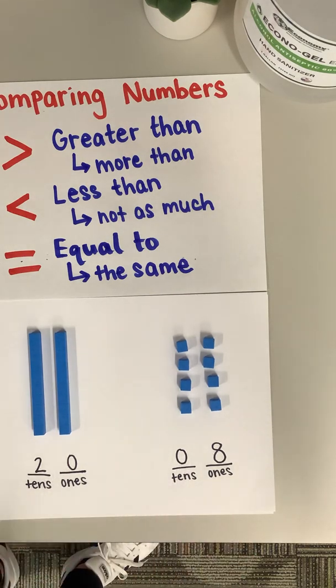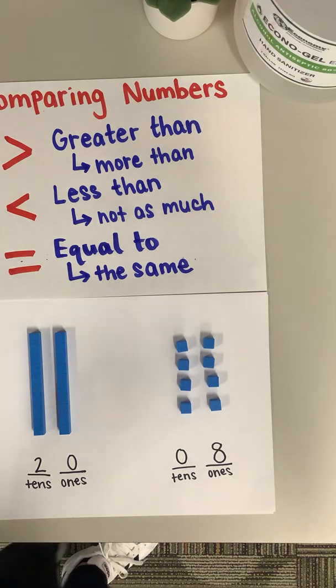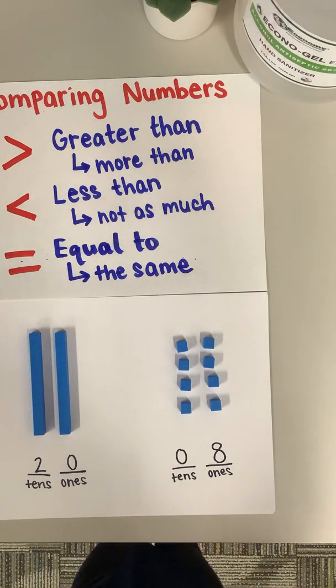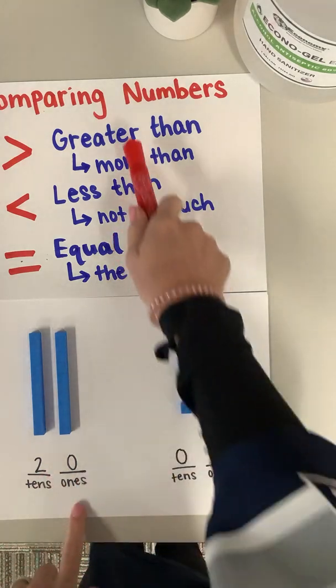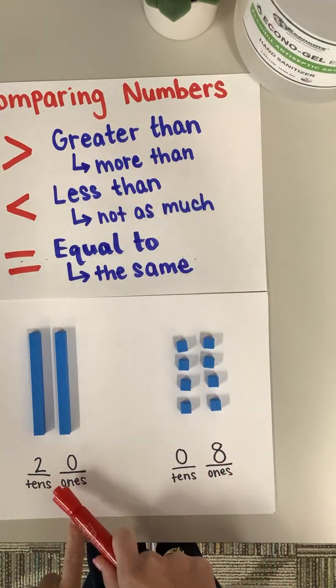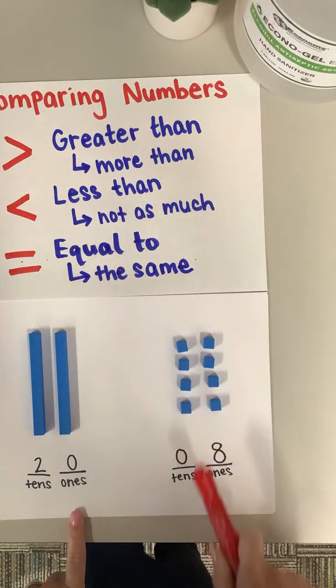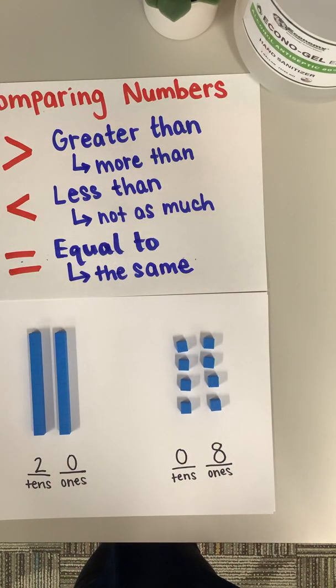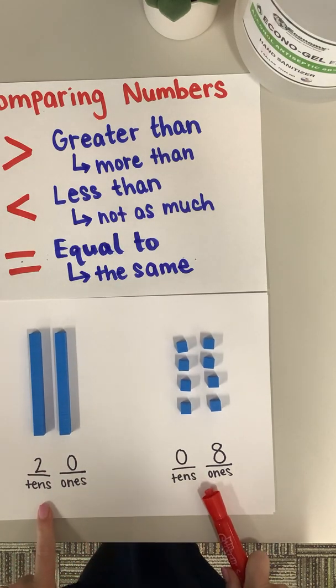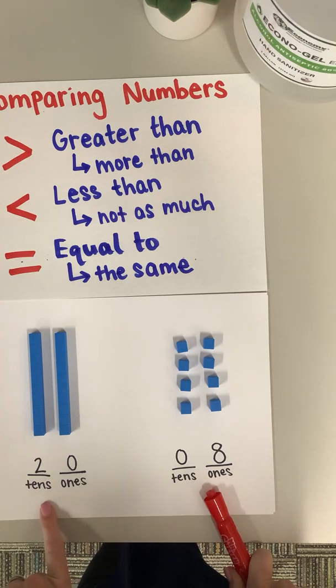20 and 8. Let's compare our numbers now. We have our 3 signs, and we need to decide if 20 is greater than 8, if 20 is less than 8, or if 20 is equal to 8. I like to start out with equal to. Are these two numbers the same? No, they're not the same.